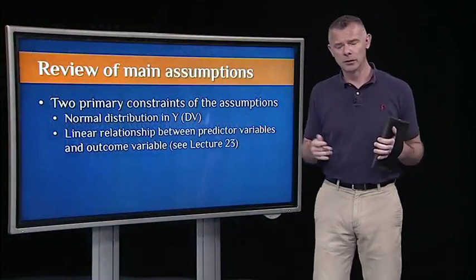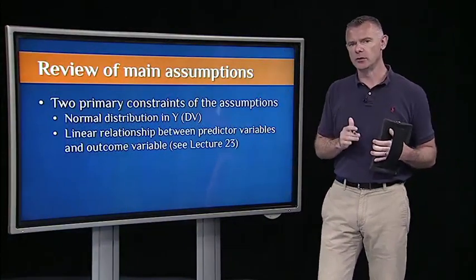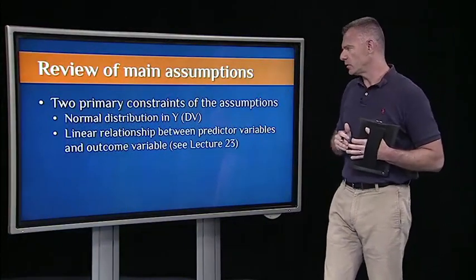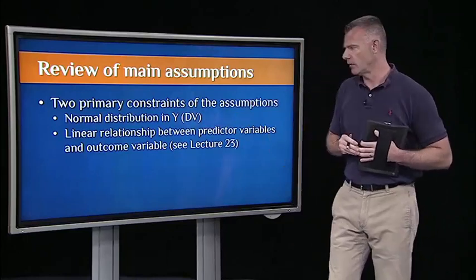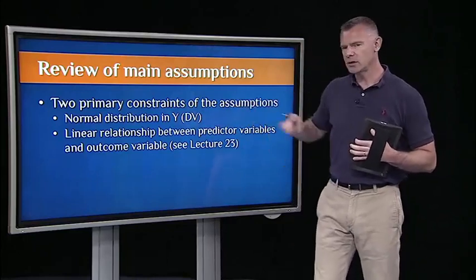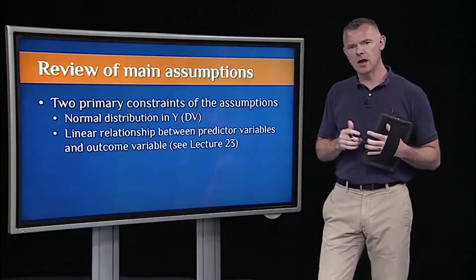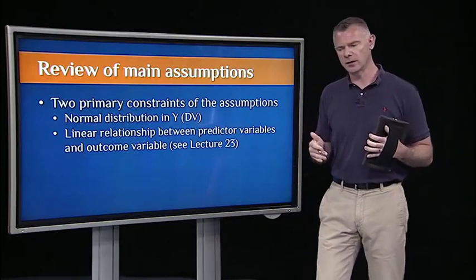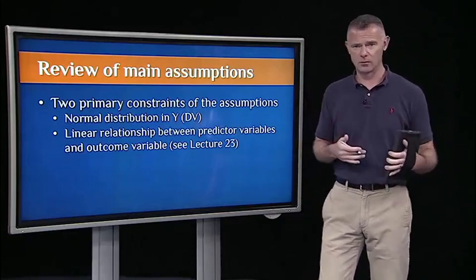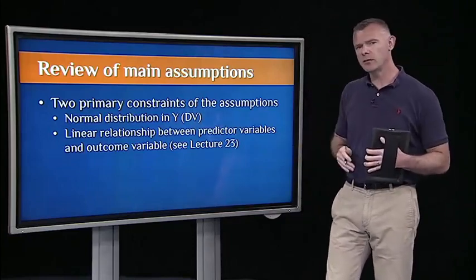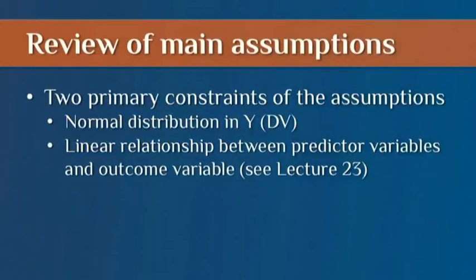What do we do? Well, there's a number of things you can do, and I'm going to cover some of those things in these last few lectures of this course. Today I'm going to talk about how we handle non-normal distributions and talk a little bit more about how we detect normal versus non-normal. In lecture 23, we'll deal with the second constraint, linear relationships between the predictors and the outcome.